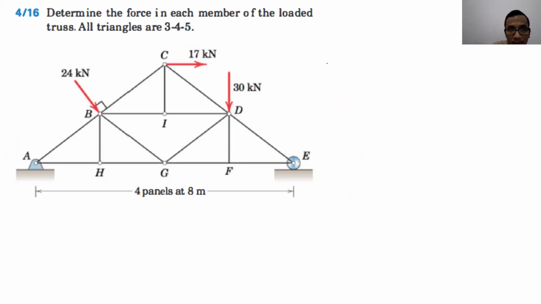And it is known as well that the triangles are 3, 4, 5. What does it mean by 3, 4, 5? It means that almost all of the triangles have this side as 3, this side as 4, this side as 5, like that. So this one is 4, 4, 4, 5, 3, 4, 5, 4, 3, 4, 5, 5. Yeah, those are the triangles.